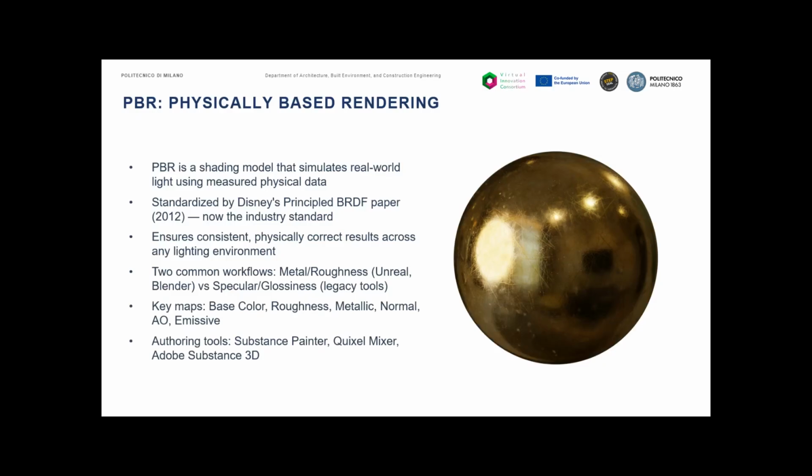Its standardization in the industry follows from the Disney principled BRDF, published in 2012, which is now the foundation of Blender's Principled BSDF, Unreal Engine's material system, and also the glTF material standard.